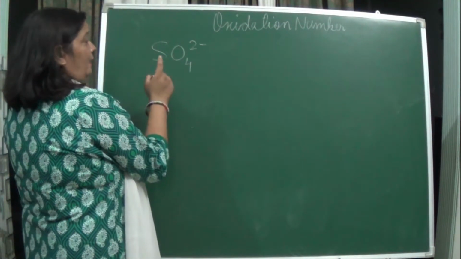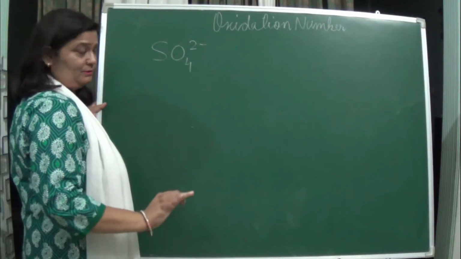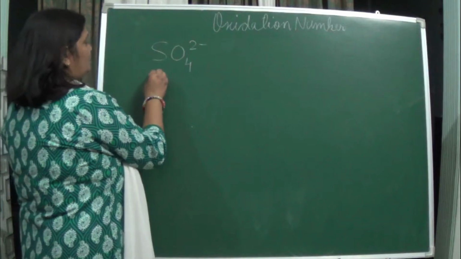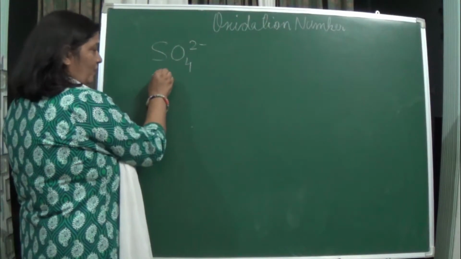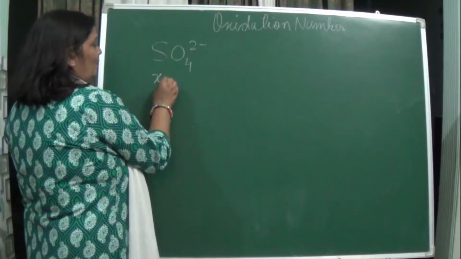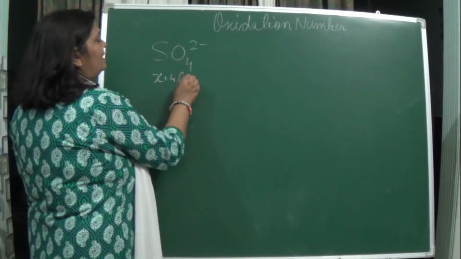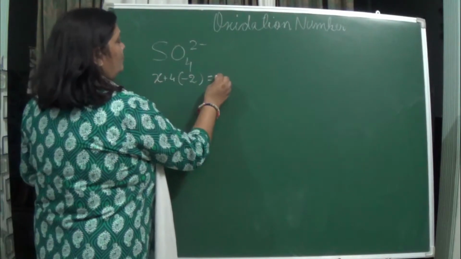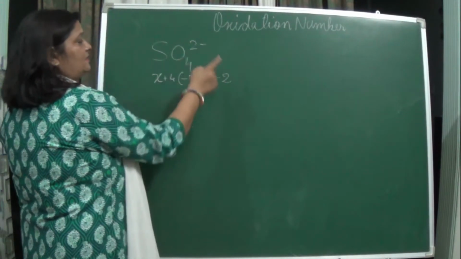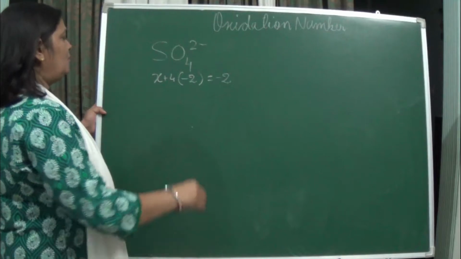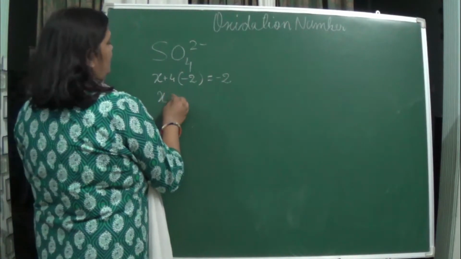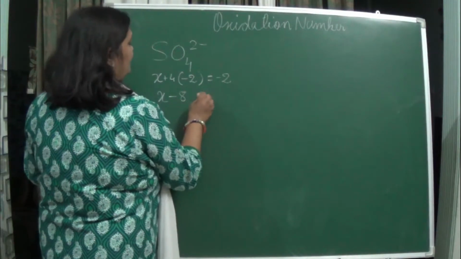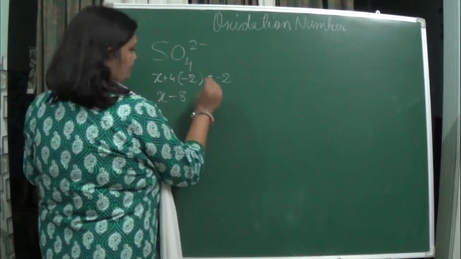Here we all know oxygen has minus 2, so we have to take out sulfur. Sulfur we will write as x plus 4 into minus 2 is equal to minus 2. You write the charge over here. So now it becomes x minus 8 is equal to minus 2.